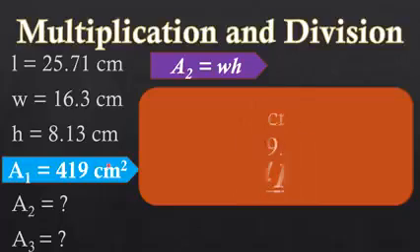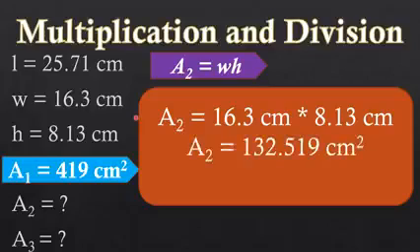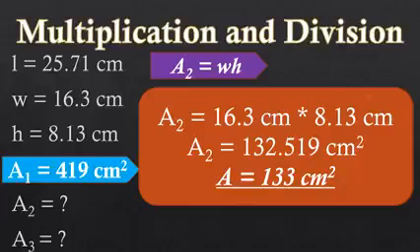So let's find the second area. That is by simply multiplying your width by the height of your rectangular solid box. Okay? So yung W natin dito magiging 16.3, while H becomes 8.13. By substitution, our second area becomes 16.3 centimeters multiplied by 8.13 centimeters. Okay, multiply.